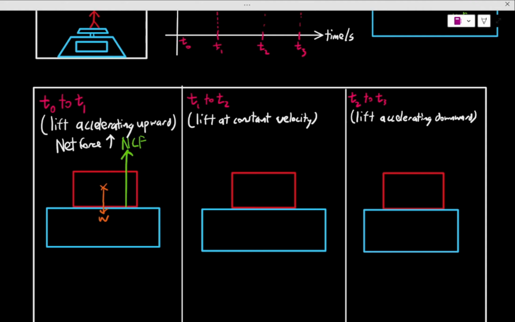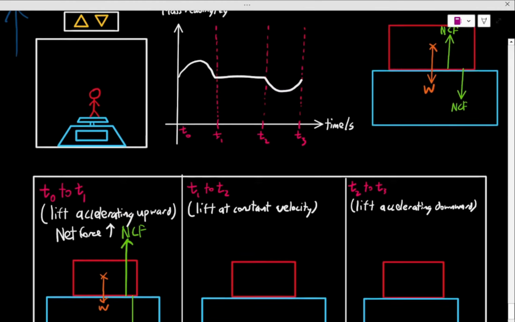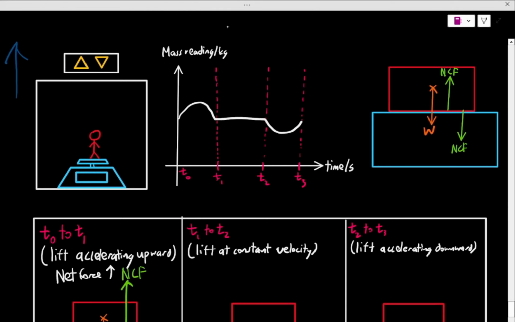Since there is a greater normal contact force by the weighing scale on you, using Newton's third law of motion, there must also be a larger normal contact force by you on the weighing scale. And this means that you would have a greater mass reading, as you can see right here. It is higher than usual.